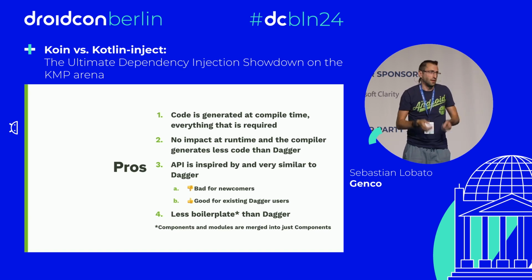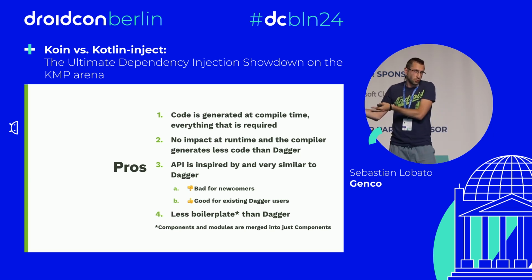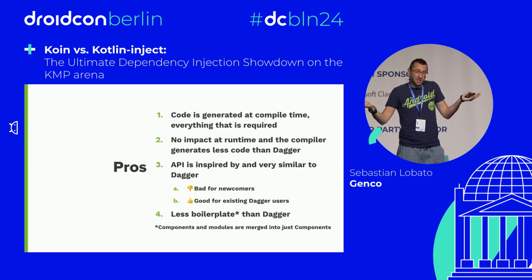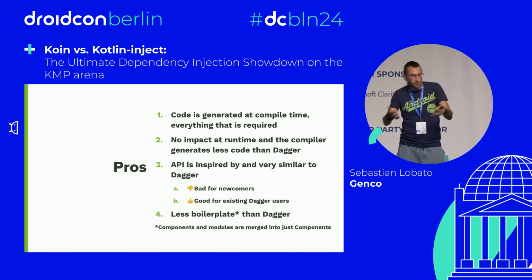So it's the same concept. And a funny anecdote: this thing is called components in Kotlin-inject, and modules in Koin. It's exactly the same thing. You don't agree on what to call it, but the definition is a container of dependency providers.